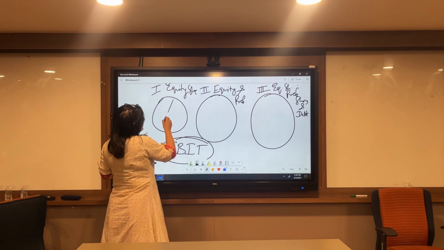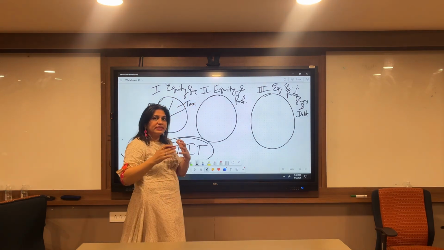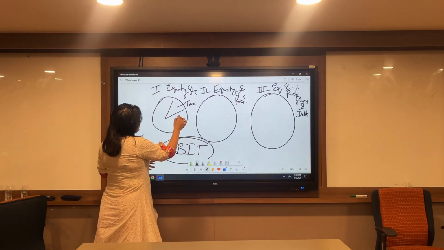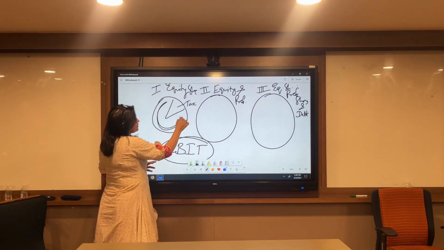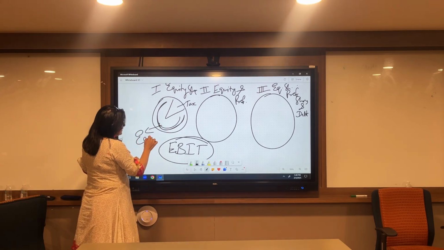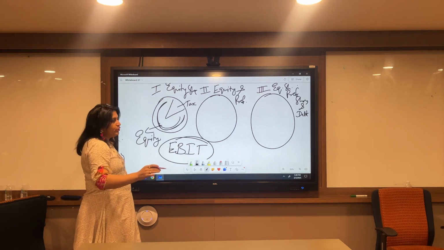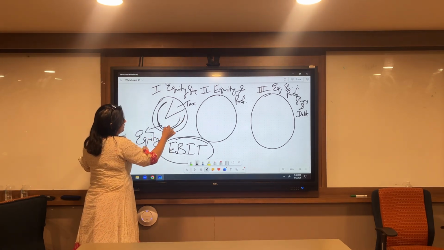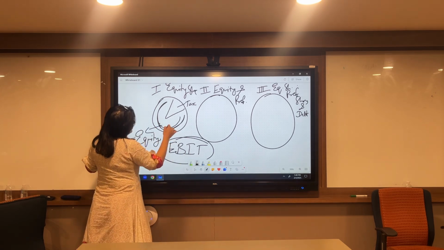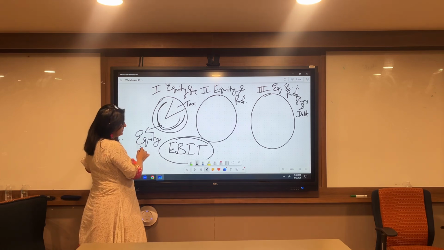They will pay tax. And if the company is keeping any retained earnings, well and good. Otherwise, all this belongs to the equity shareholders. In this case, what will be your earning per share? Your earning per share will be this amount divided by the number of equity shares.